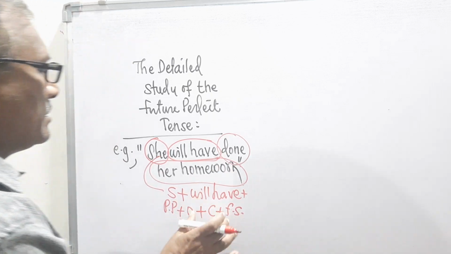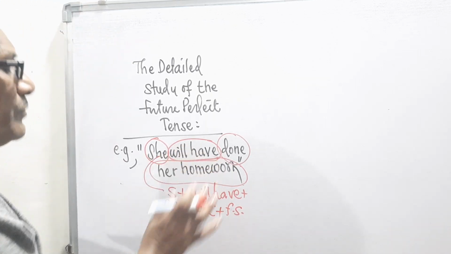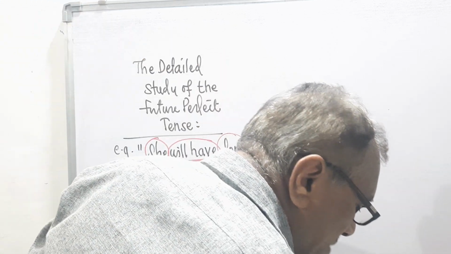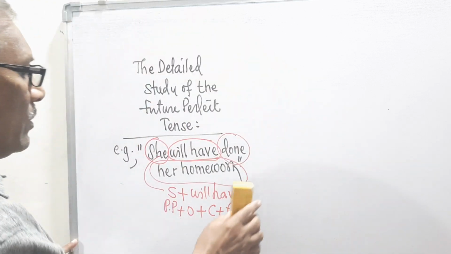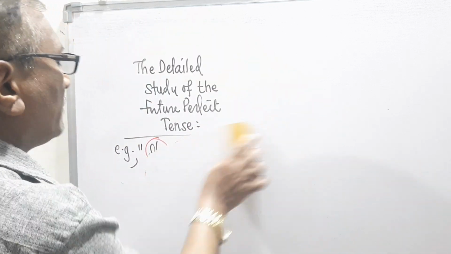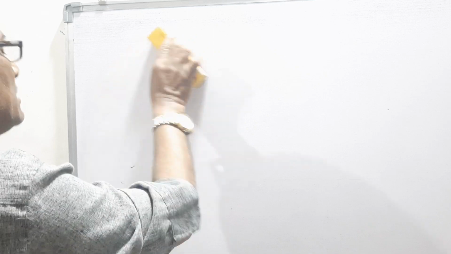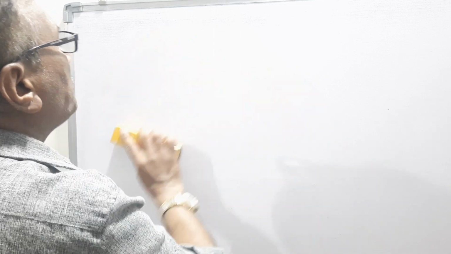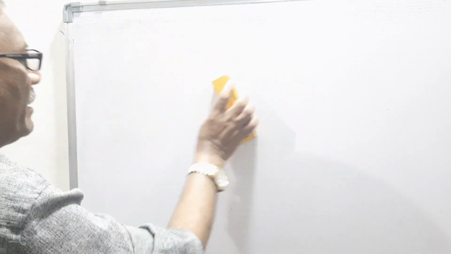So this is the structure of the future perfect tense, and that's why I will tell you that the future perfect tense tells us the actions which will have been completed in the future times. That is called the action of the future perfect tense.